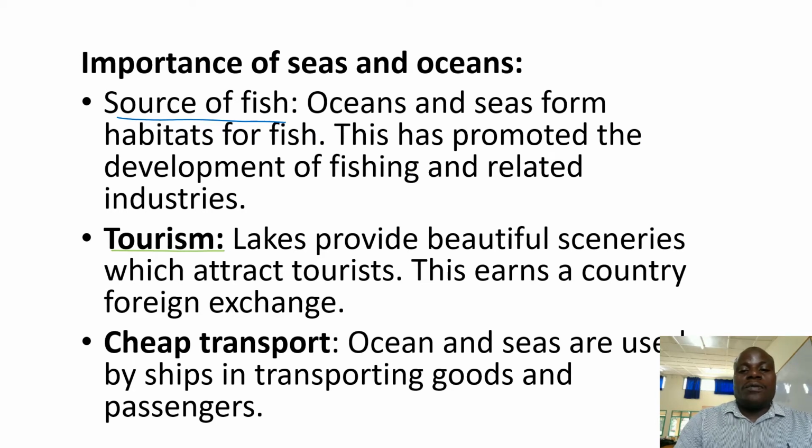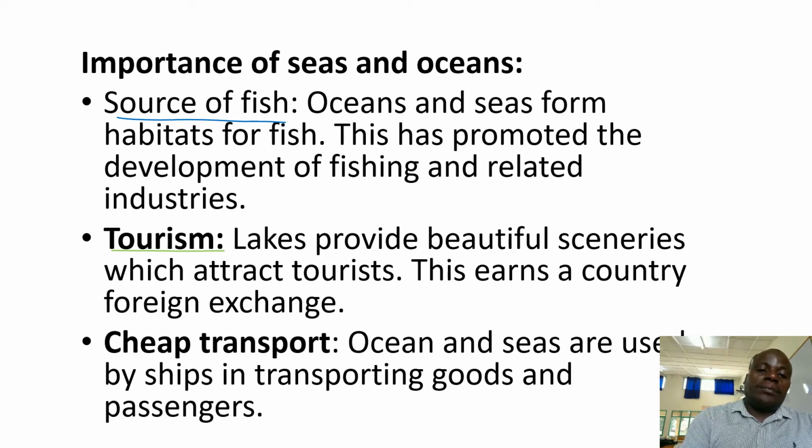People come from all over the world to visit seas and oceans, especially to look at coastal features, both erosional and depositional features. Features like caves, arches, cliffs, wave-cut platforms, etc. When they come, they pay foreign currency, which is a form of foreign exchange.